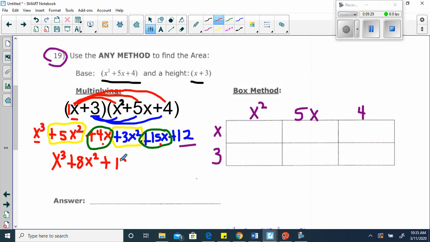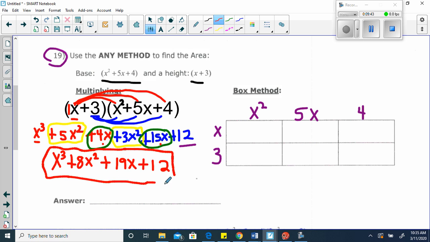Good, 19x. And like I said, there's nothing to combine with that 12, so I'm just going to bring it down. Everything's combined. I have a polynomial with 4 terms. Questions on that?